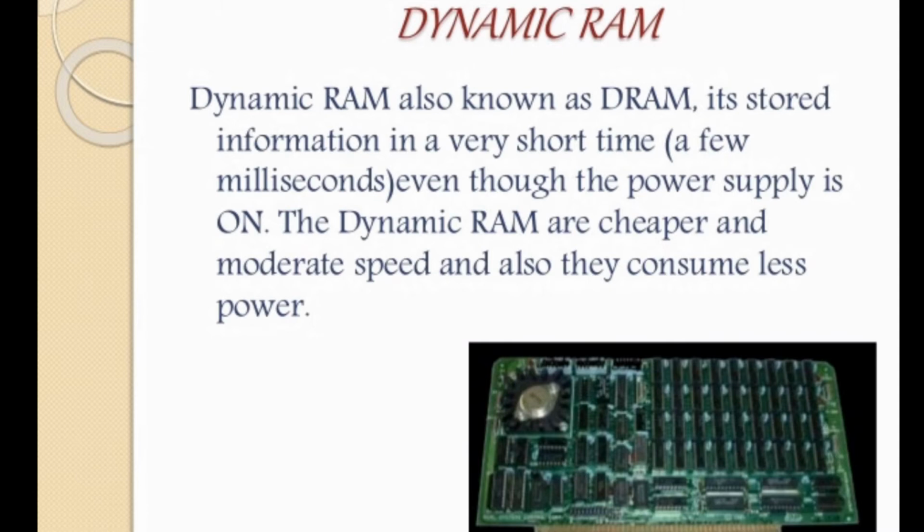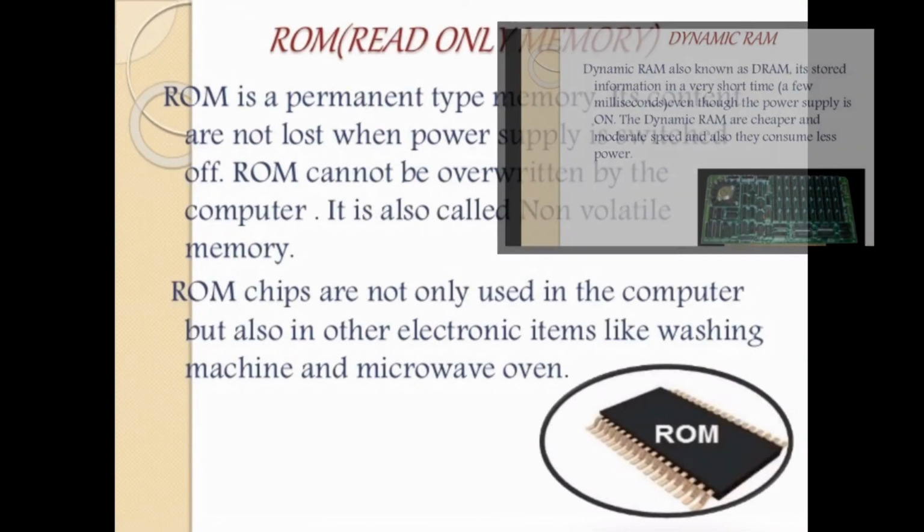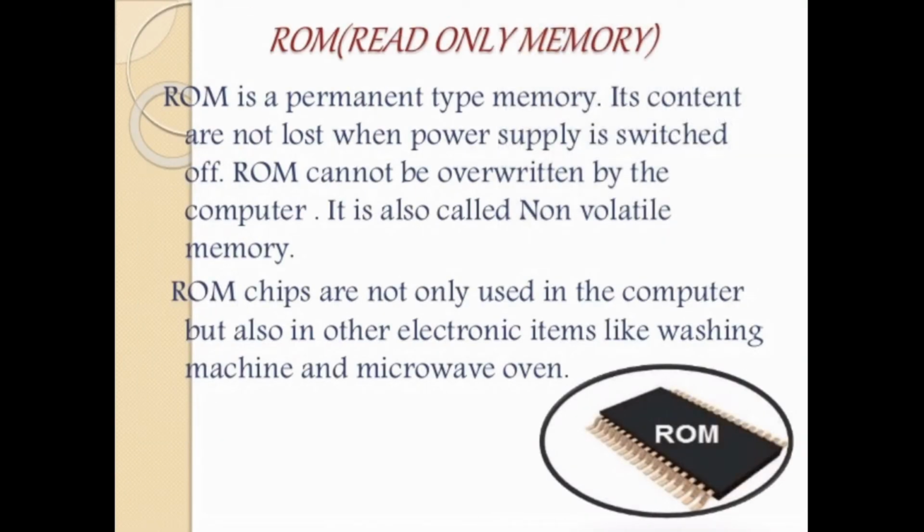Now I move to the next type of primary memory, that is ROM. What is the full form of ROM? Read only memory. So see here, ROM is the memory that resides on the motherboard. A set of instructions or programs that manage the working of a computer are stored on this.